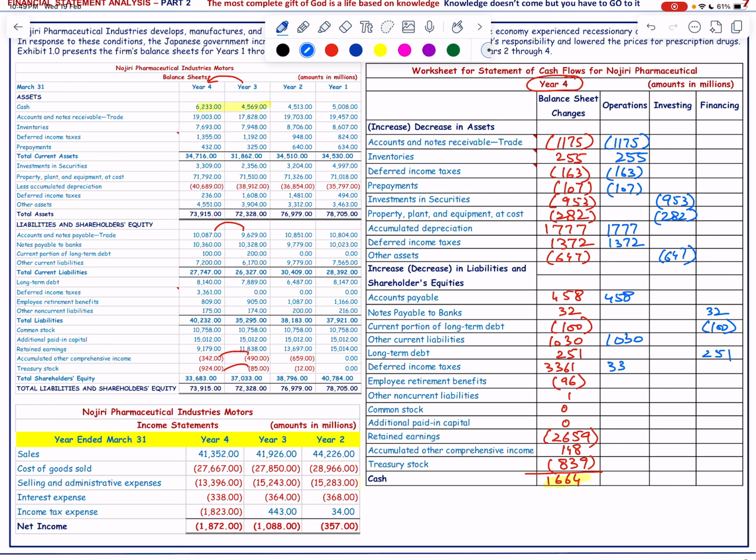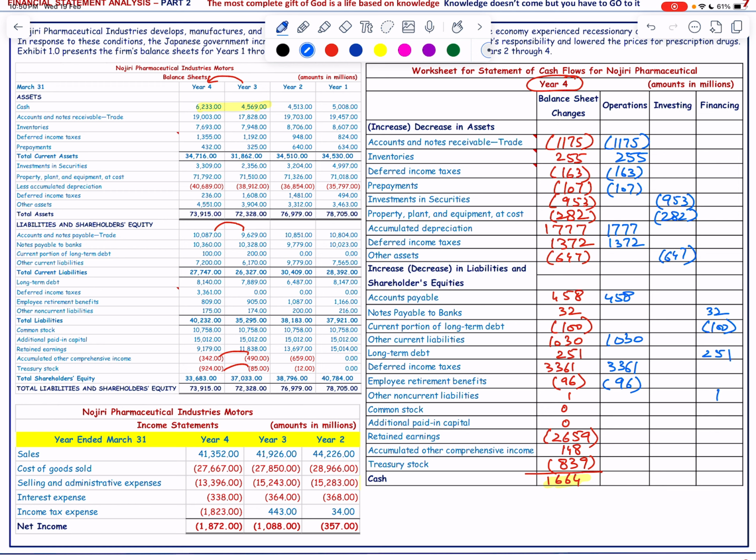Then we have employment retirement benefit, that is 96, and this is for the operations. Then we have the other non-current liabilities, that is 1, financing activity. Common stock is 0. Additional paid in capital is 0.